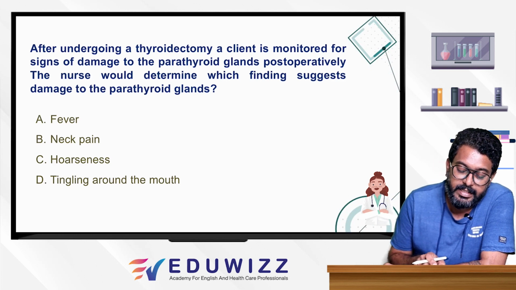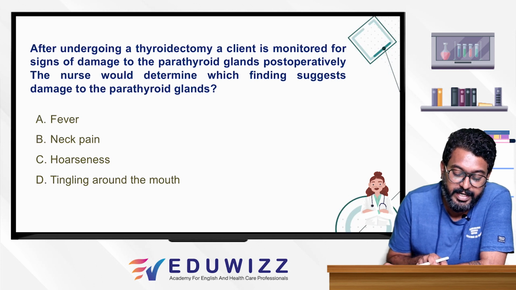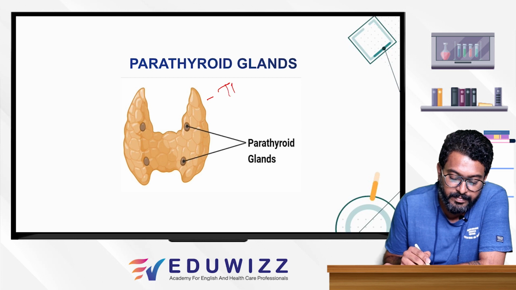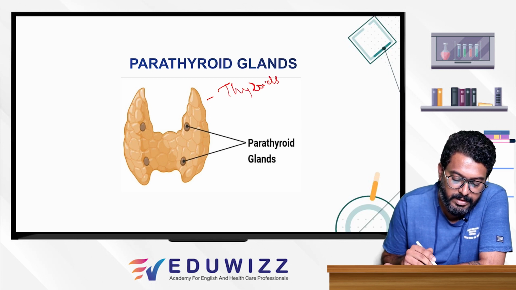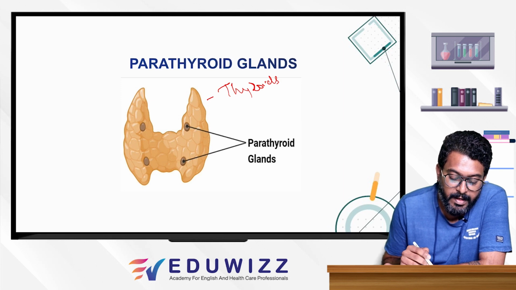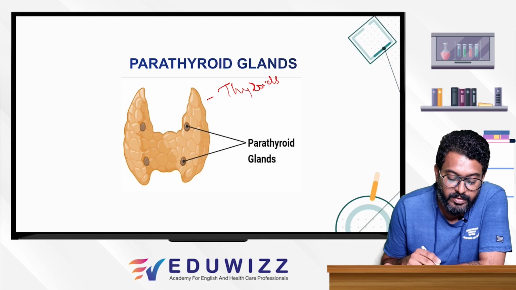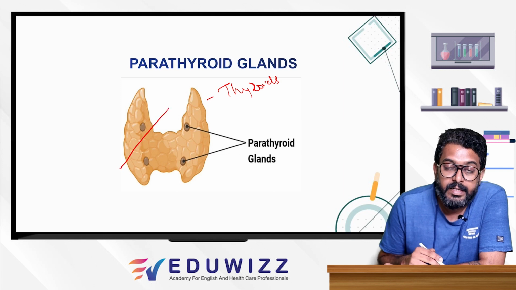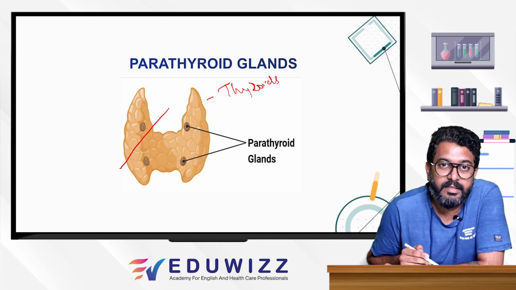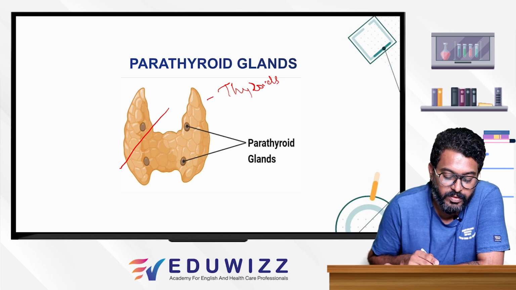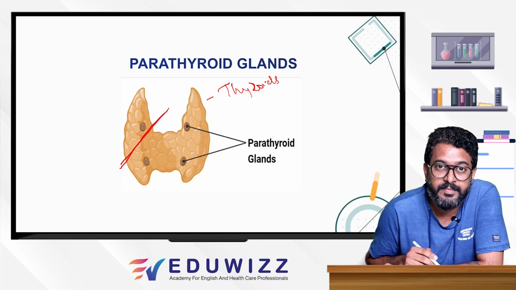Parathyroid glands are small glands which are located inside the thyroid gland. This is the thyroid gland, and the small pea-shaped glands are known as parathyroid glands. Usually when you do thyroidectomy or subtotal thyroidectomy, there are chances that it can cause damage to the parathyroid gland, or it can cause removal of the parathyroid gland.